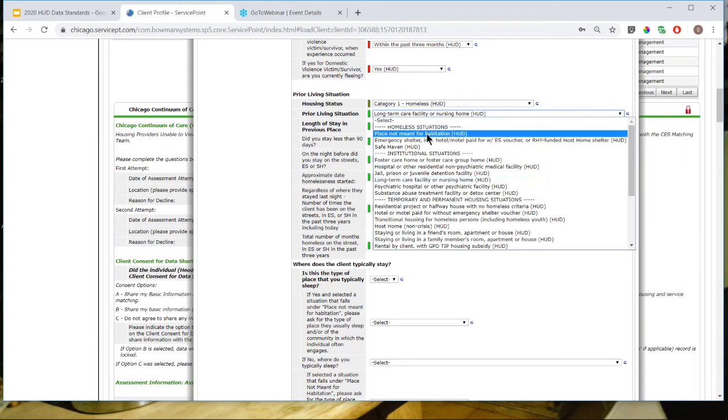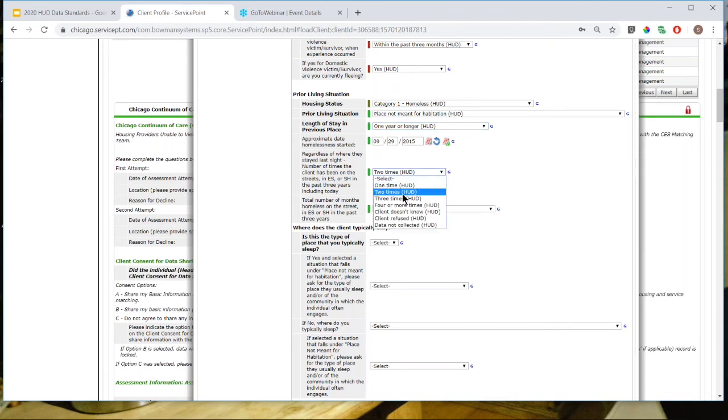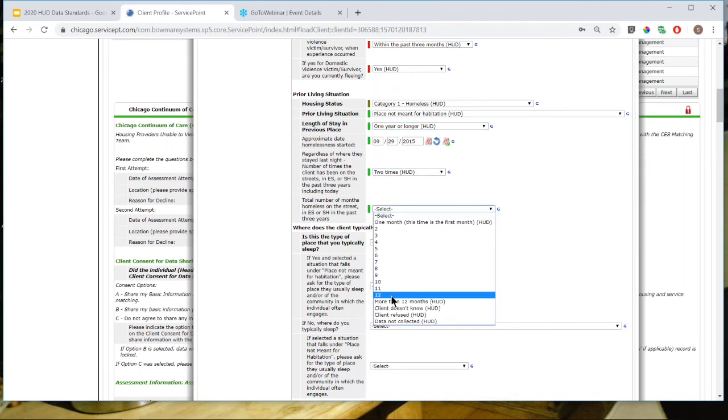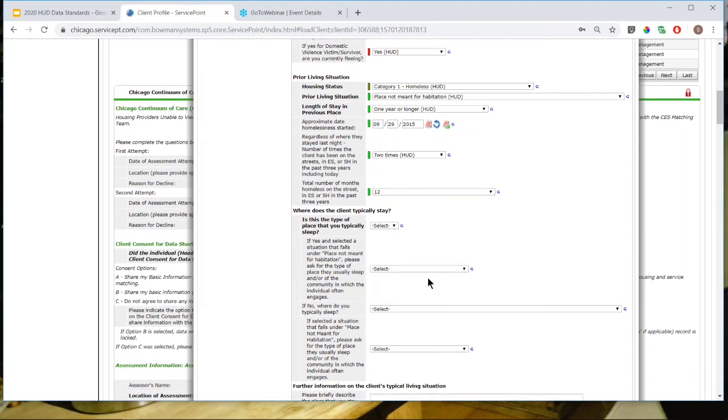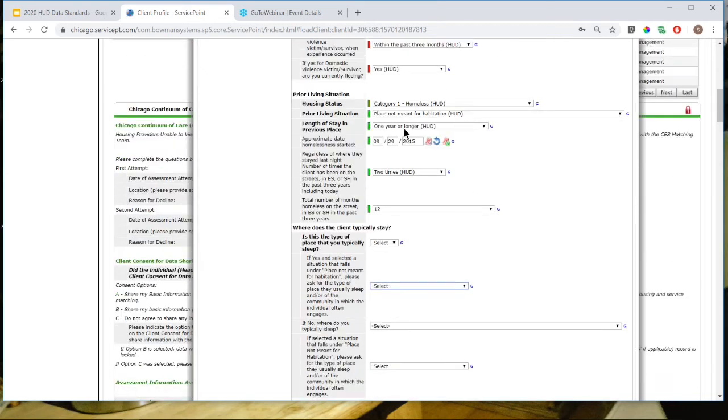So let's say my client is in a place not meant for human habitation. There we go. And then I would answer these, where does the client typically stay? And again, this one is related to answering what the client's prior living situation was.